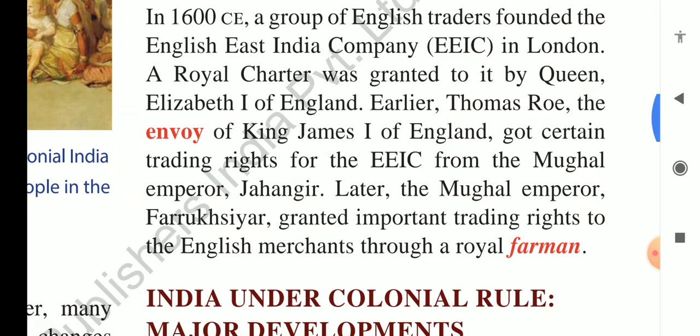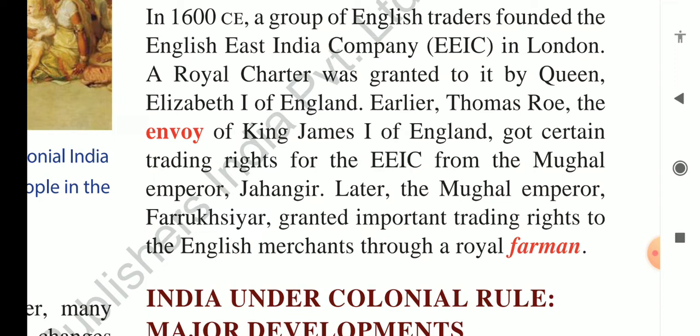A royal charter was granted to it by Queen Elizabeth I of England. Earlier, Thomas Roe, the envoy of King James I of England, got certain trading rights for the EEIC, that is English East India Company, from the Mughal Emperor Jahangir.